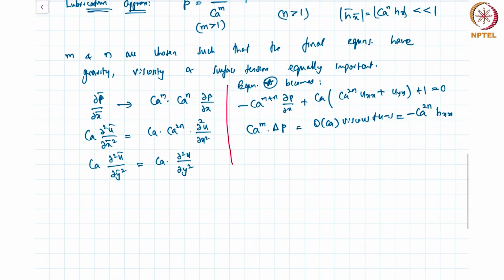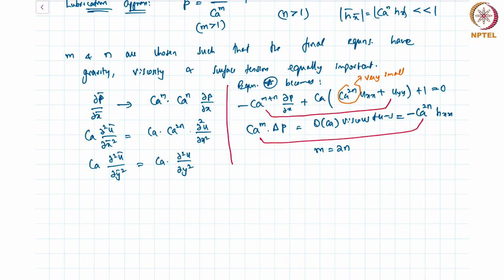So I now have, looking at the balance of these two, m is equal to 2n. If I look at the dominant term here, this term is going to be very small, and the second term is the dominant term. Therefore, I now have a balance between this term and this term.